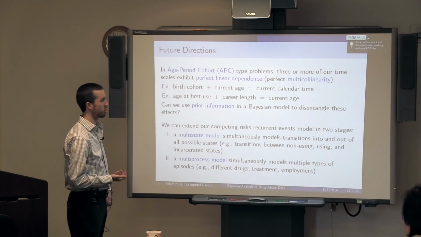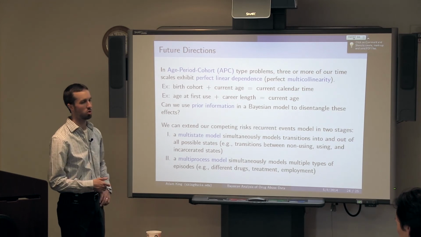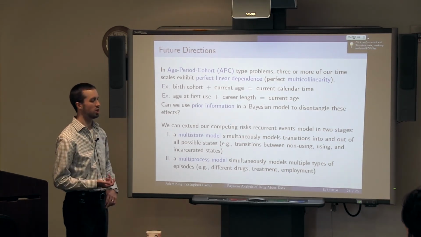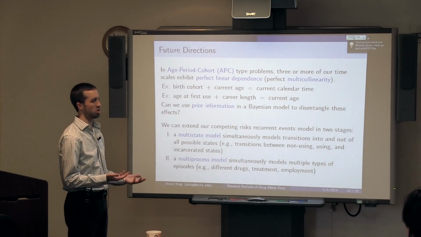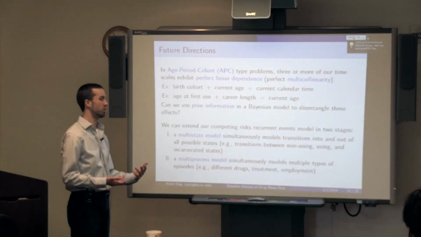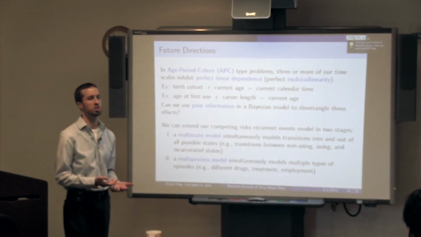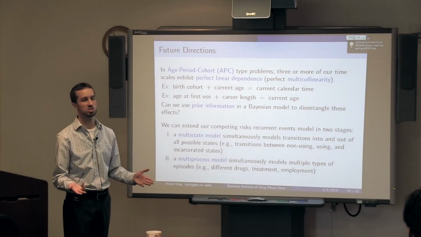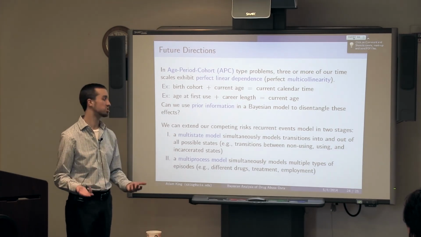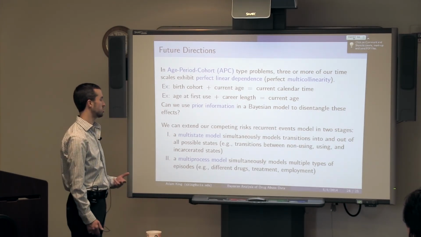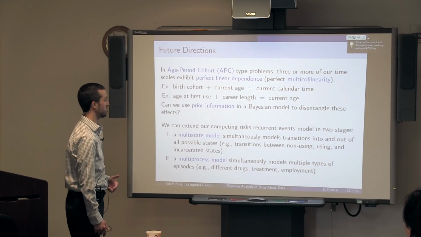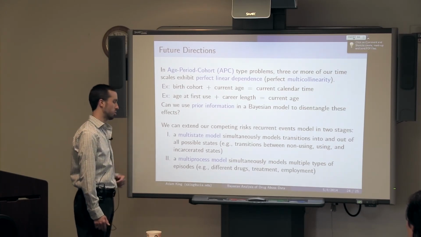And once we do that, we can get some more interesting targets of inference, such as, given that a person has this history and this drug use history and this treatment history, what is the chance that they stay abstinent for the following 10-year period? That's something that we might be able to simulate given our fitted model using a multi-state model.